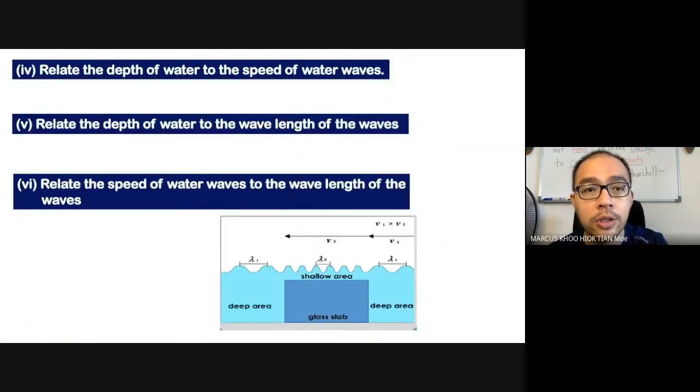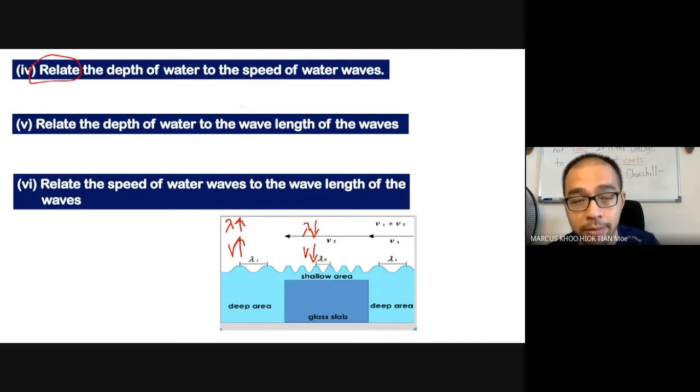So let's relate the depth of the water with the speed of the water waves. We remember just now, this one the wave speed is high, the wavelength is also big. This one, shallow area, the wave speed is low, the wavelength is also low. And remember how we write the word relate? Relate is the bigger the something, the bigger the something, right?